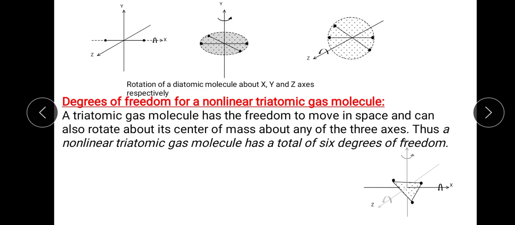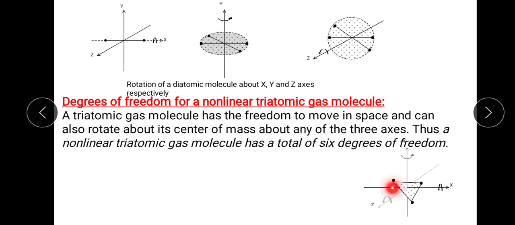Now, consider the degrees of freedom for a non-linear triatomic gas molecule, carbon dioxide you can say. It can have 3 degrees of freedom due to translation, because every gas molecule has the freedom to move in all directions.